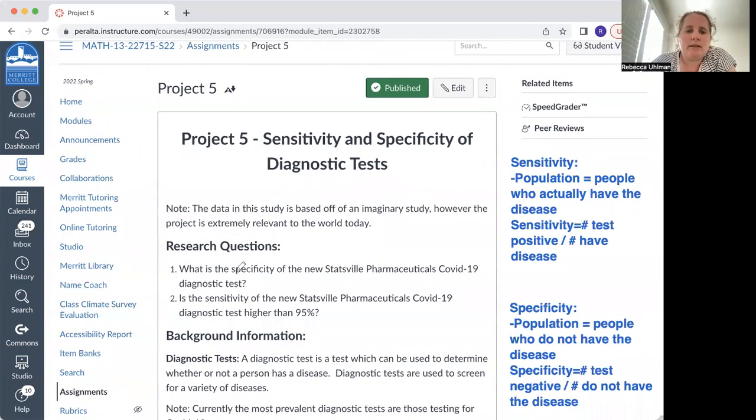So for question number one, we are looking at specificity, and our population is the people who do not have the disease. For question two, we are looking at sensitivity, so our population here is the people who do have the disease.